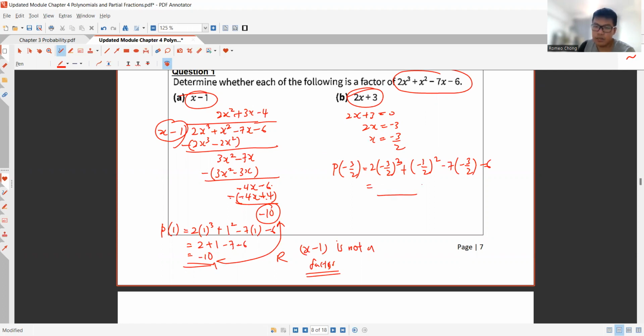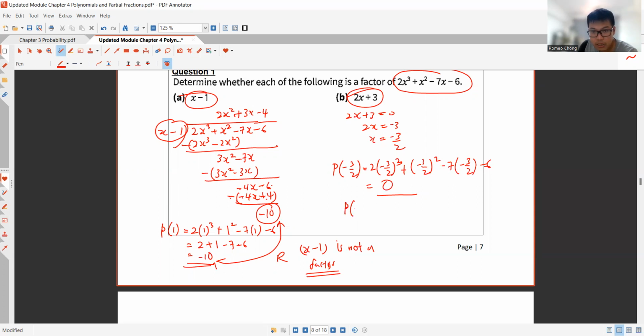Then press your calculator to check. 2 times negative 3 over 2 to the power of 3, plus negative 3 over 2 squared, minus 7 times negative 3 over 2, and then minus 6. Yeah, so you get a 0. Okay, you get a 0.